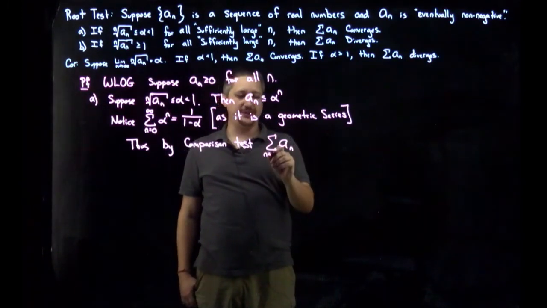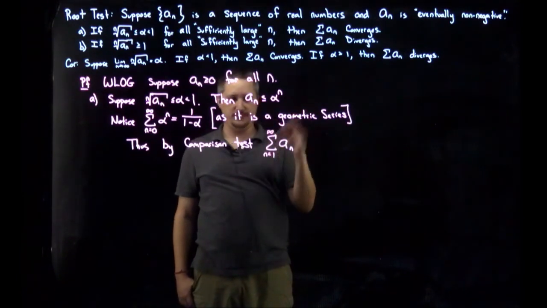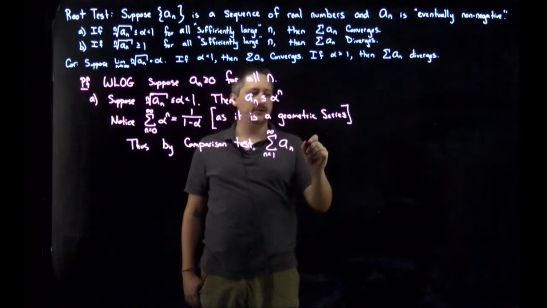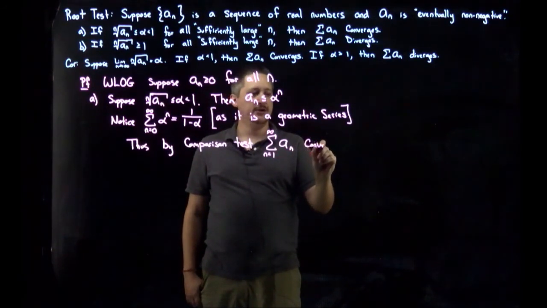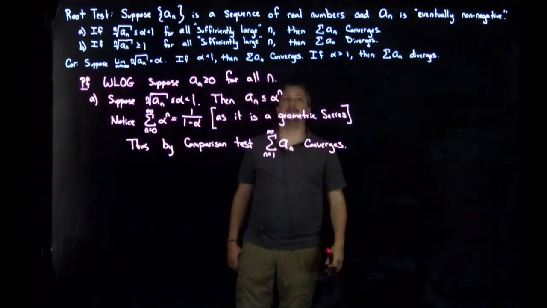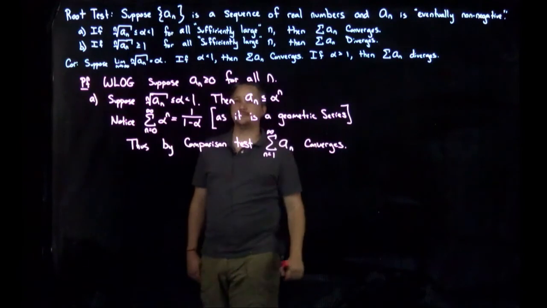Just for the sake of clarity, I'm going to say it starts at 1. Again, wherever it started doesn't matter. So this thing converges. Right, and that's that, right? I have my series converges.